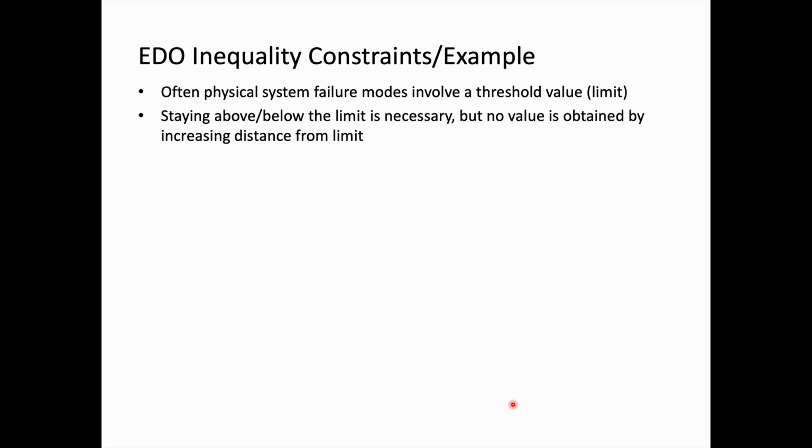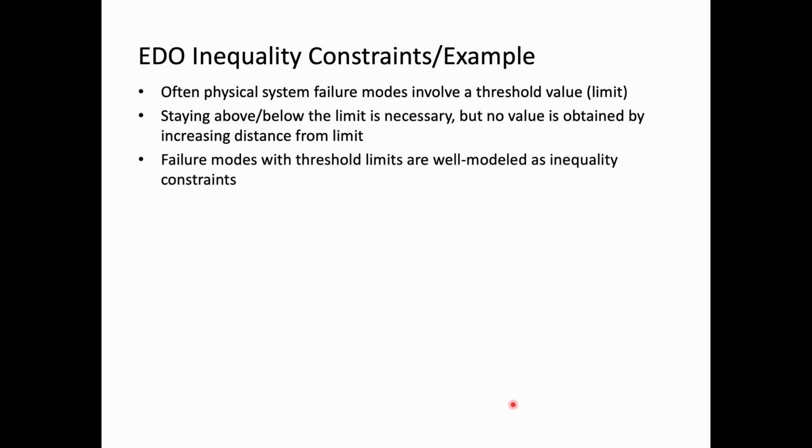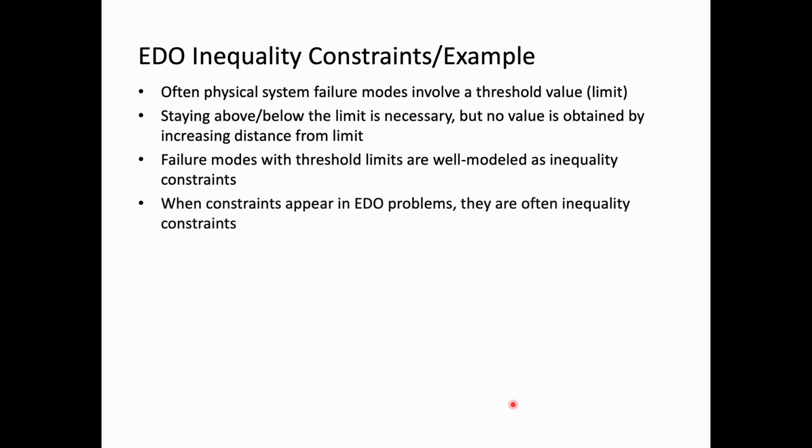And so it's really helpful, when we have this sort of threshold behavior in physical engineering design problems, to have the ability to model this using inequality constraints. So these failure modes with threshold limits are well modeled as inequality constraints.